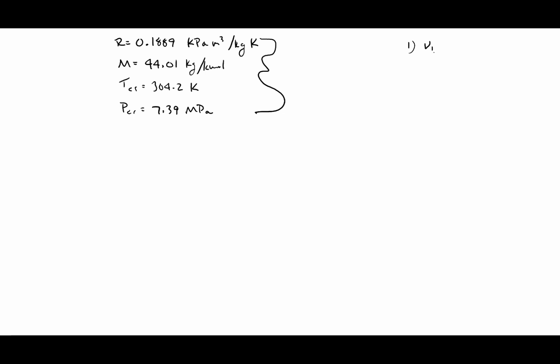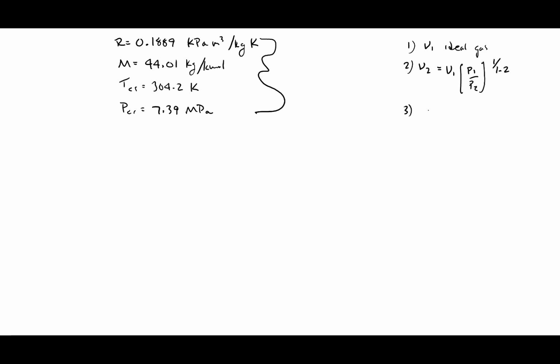So we're going to calculate V1 from the ideal gas law, and second we're going to use the van der Waals equation of state, but we're starting with ideal gas. Step 2 is to calculate V2 from this, so V2 = V1 (P1 over P2) to the 1 over 1.2.